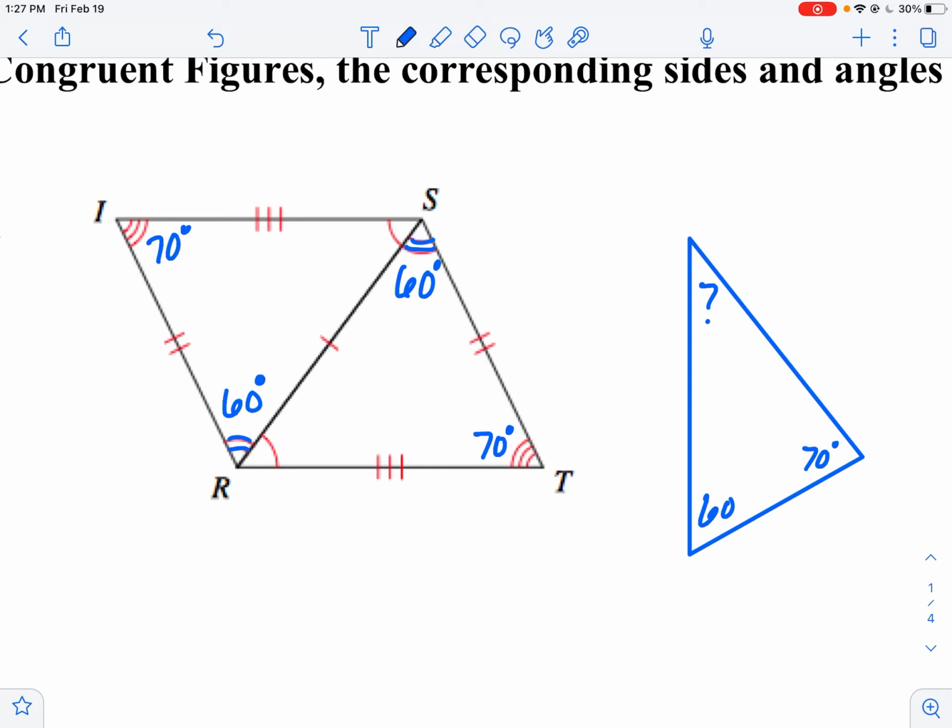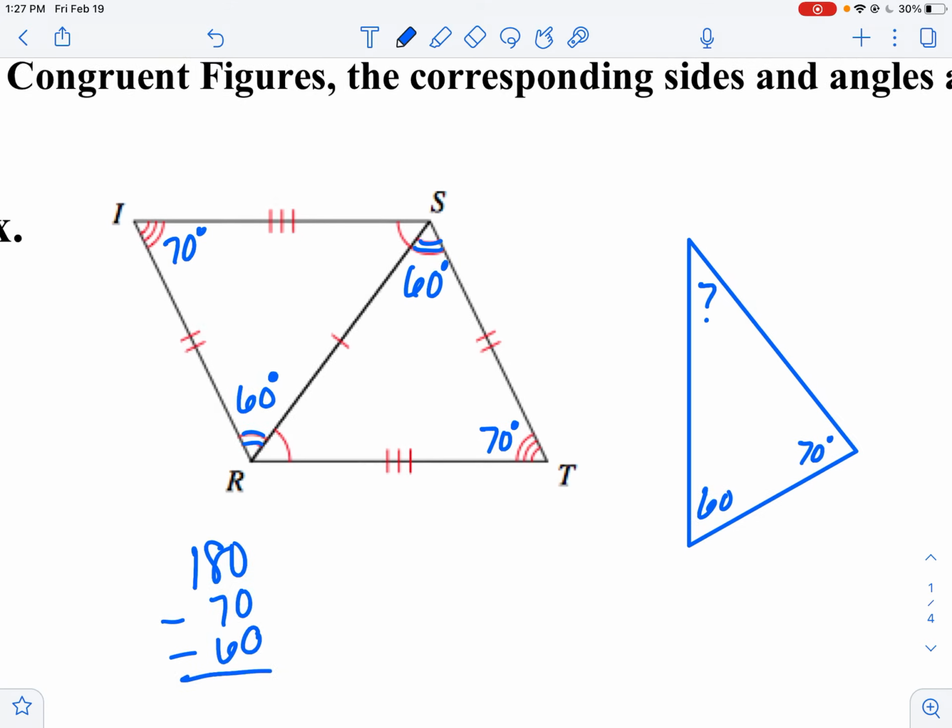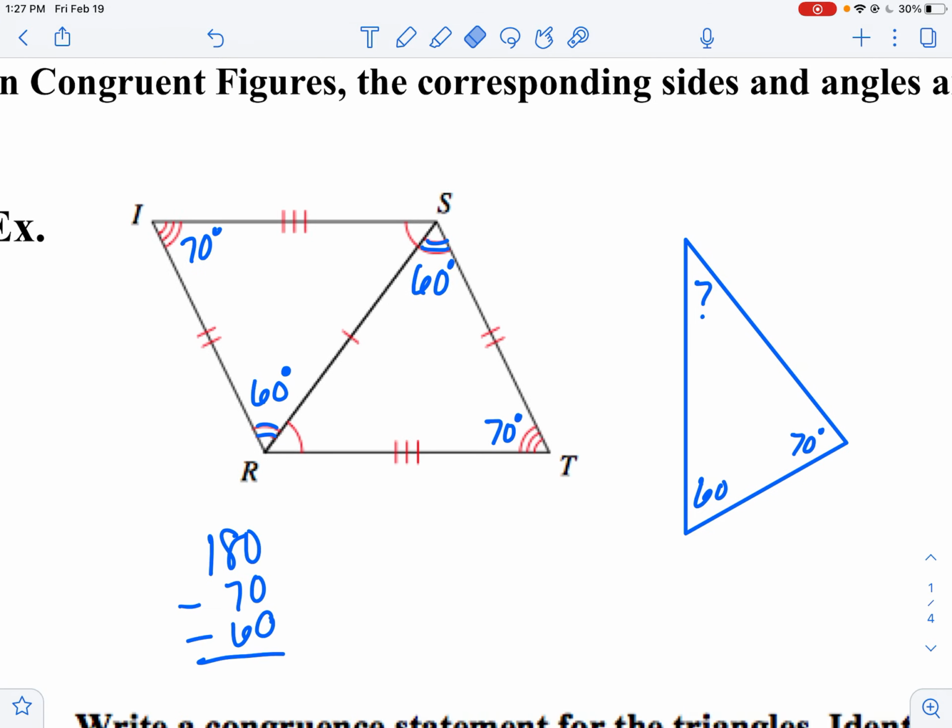So I can take 180 minus 70 minus 60, or I could add 70 and 60 to get 130, and subtract that from 180 to find out what the third angle would be, and that would be 50.